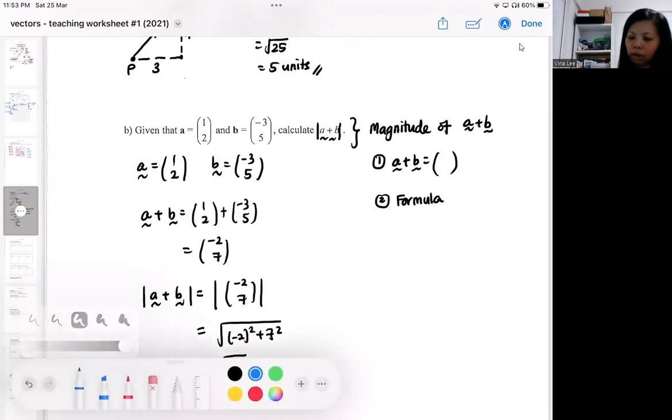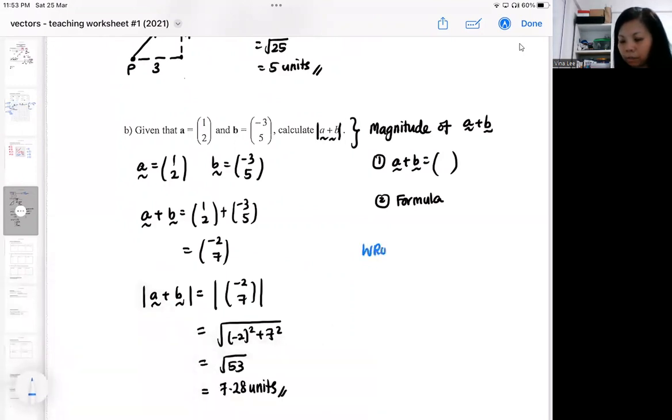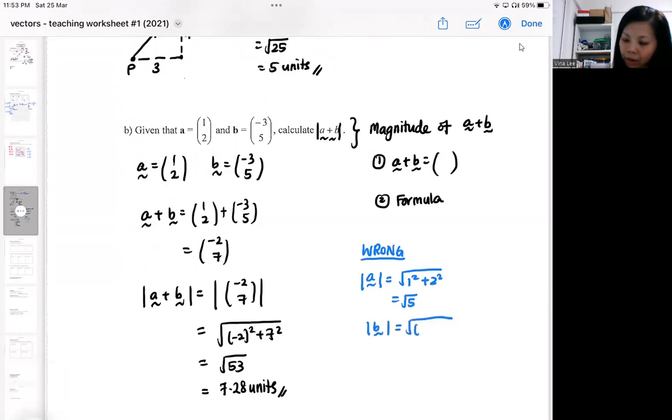Some students will do it wrongly. Some students will go and find the individual magnitudes first, and then they try adding them up.